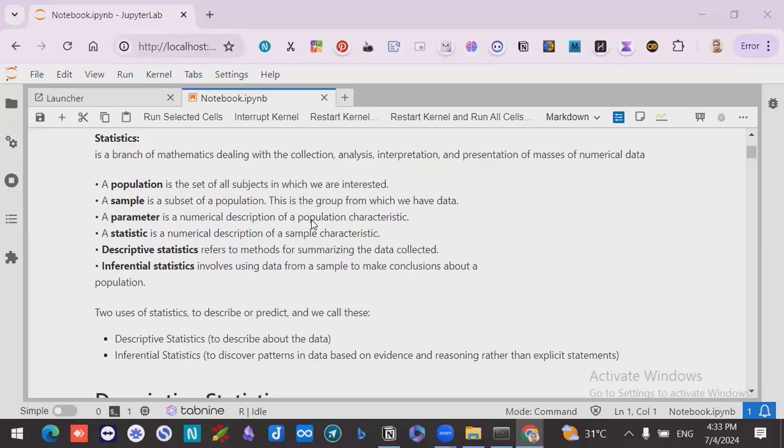Similarly, from the population we collect a sample. Based on the sample, we are able to infer about the population.